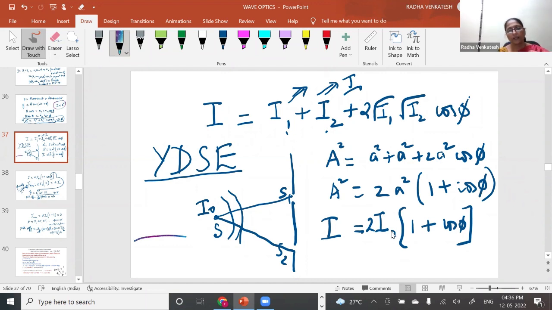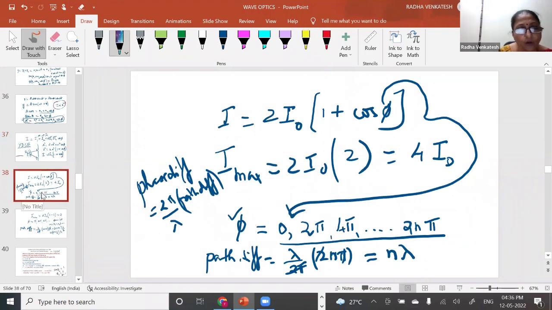Why? Because that is the intensity of the source. Are we clear? Yes, ma'am. So I is equal to 2 I naught into 1 plus cos phi. This is one way of writing your resultant intensity for the YDSE experiment.